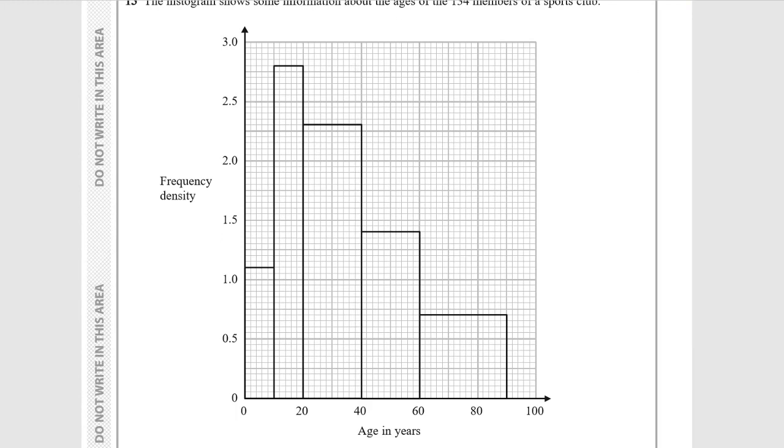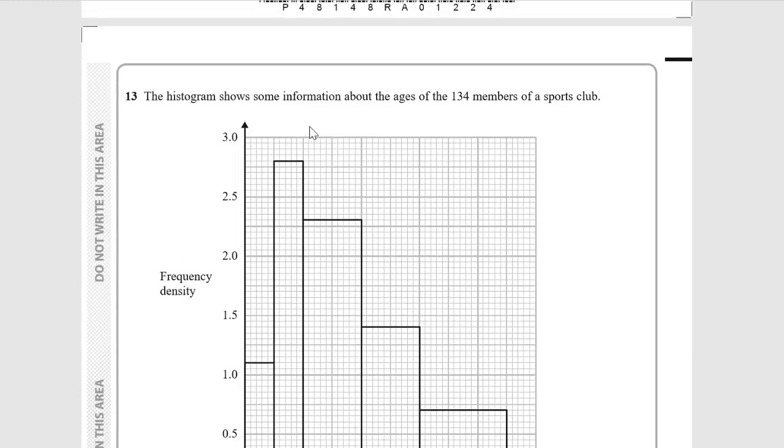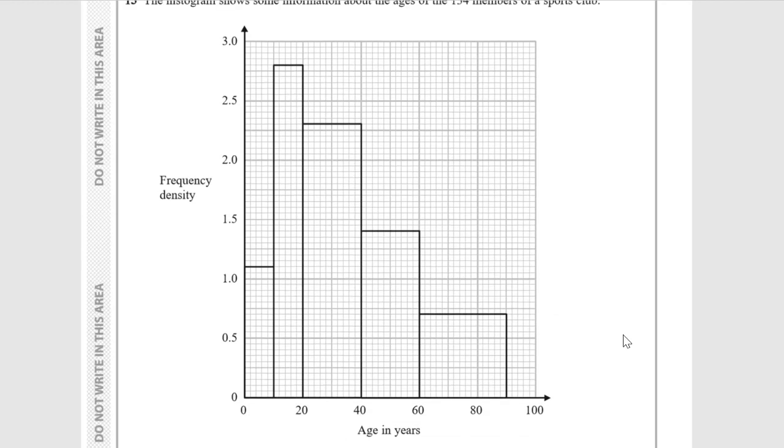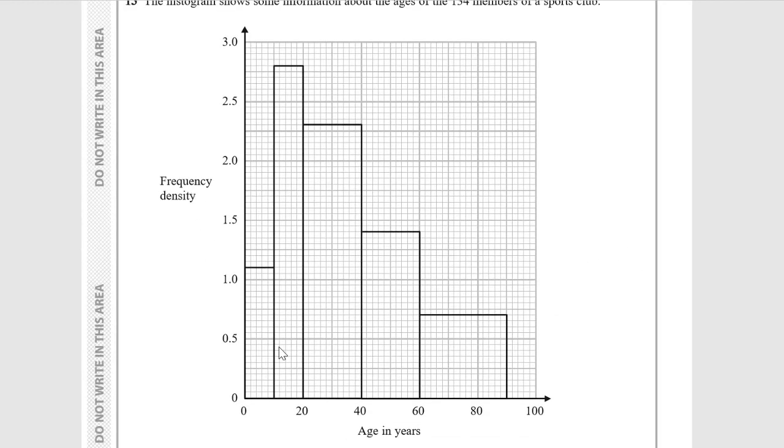Question 13. The histogram shows information about the ages of 134 members of a sports club. 20% of the members of the sports club who are over 50 years of age are female. Work out the estimate for the number of female members who are over 50 years of age. So the way that we can do this is because it's a frequency density graph.